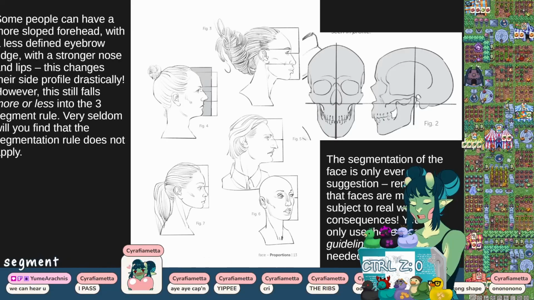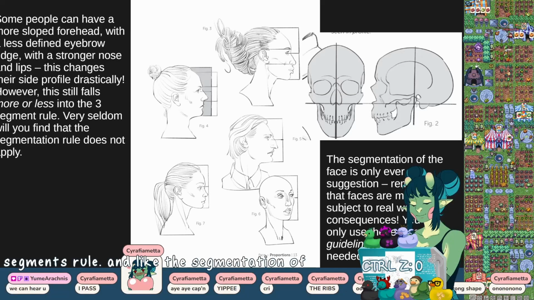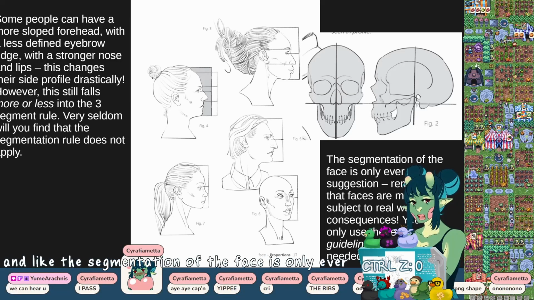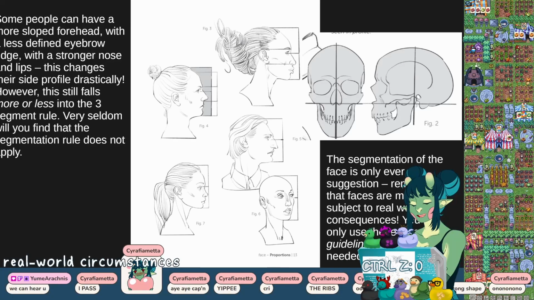You could take a picture of yourself in side profile right now and segment it, and you would more or less fall into the same 3 segment rule. The segmentation of the face is only ever a suggestion. Remember that you are subject to real world circumstances, and some people will slide either way. These are just guidelines, a good starting point, and you can move from there.